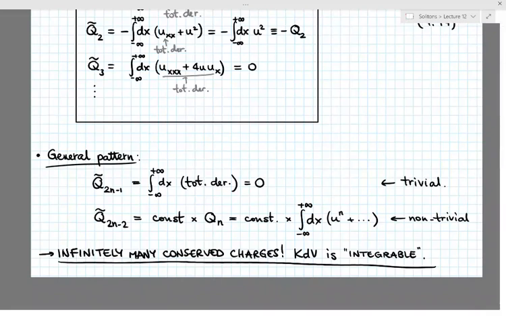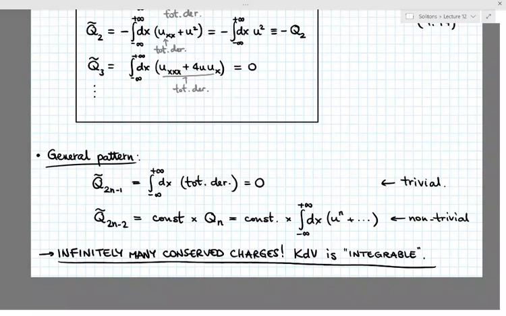And as you see, when you look at the exercises in the problem sheet, in particular exercises 23 and 25, we might discuss one of them in the next problems class. The presence of these infinitely many conserved charges places a lot of restrictions on the behavior of multi-soliton solutions, and in particular we can already extract quite a lot of information just by using these conservation laws.